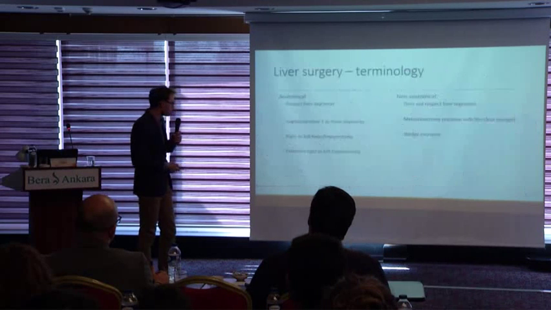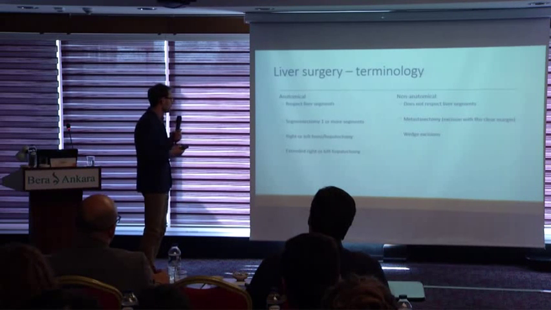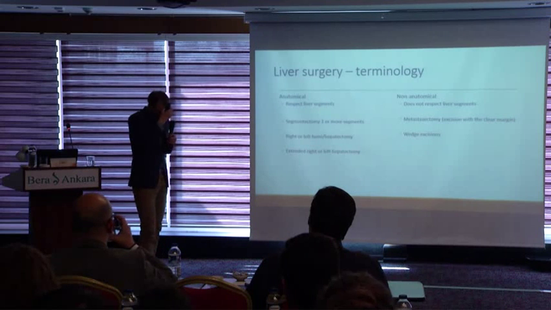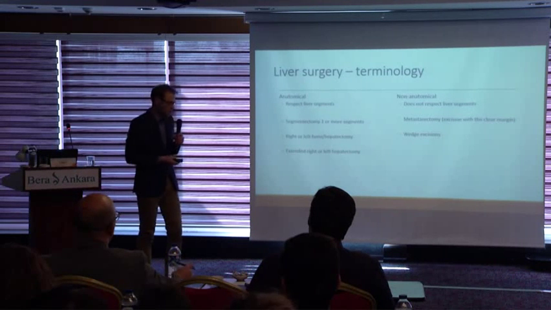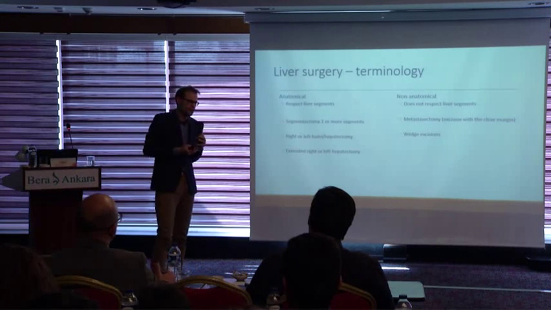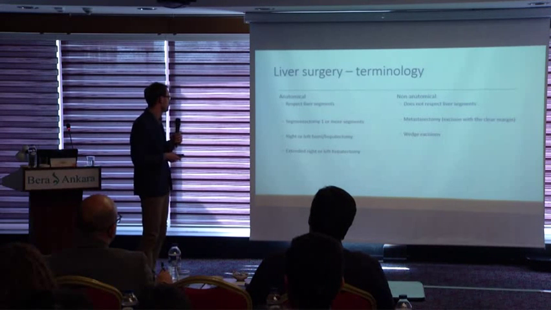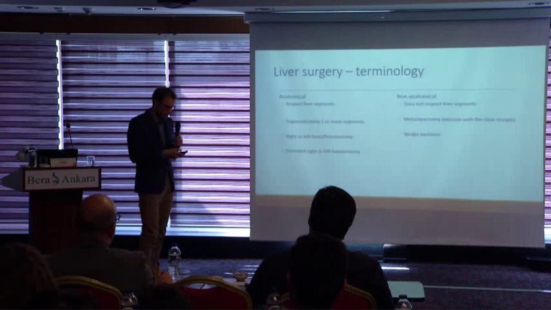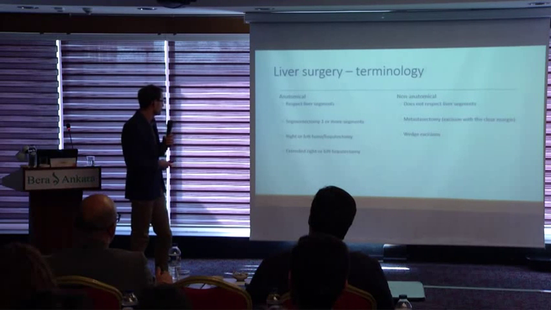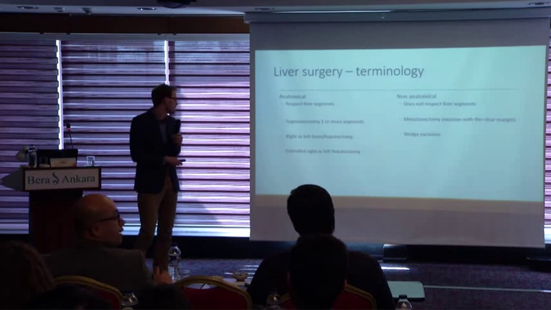So something about the terminology of surgical procedures. It's necessary to say that every country or every continent has a slightly different way of naming them. In our country, we divide liver procedures into anatomical resection and non-anatomical resection.